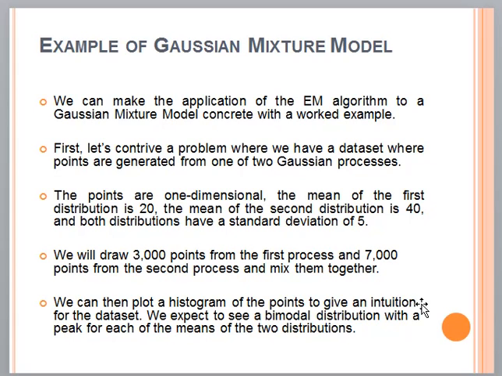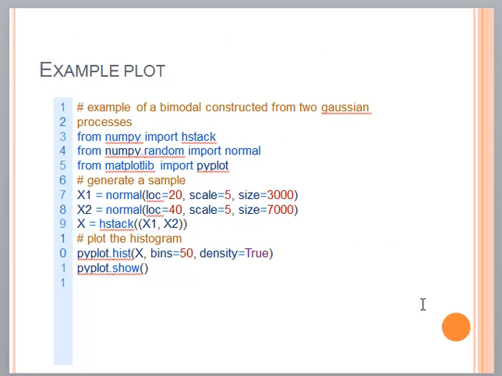So you know that a histogram is basically the frequencies of the points which are occurring, right? So when we draw the histogram from these points, we can expect to see a bimodal distribution, and the peaks will be where we have the means of the two distributions, right? So you can generate these two processes, and you can generate these different data points through this simple example.